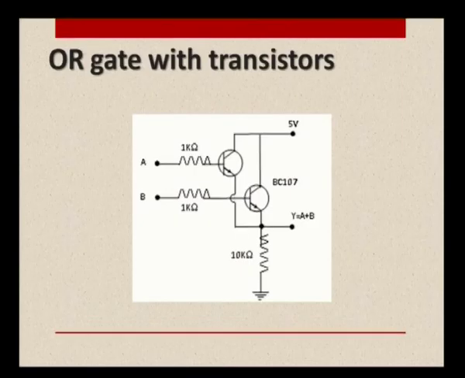We have seen the circuit design for the three basic gates, namely OR gate, AND gate and NOT gate, with the DTL logic, diodes and transistor logic. Now, the combinational gates also could be taken. How do we design the NOR and NAND gates using transistors?